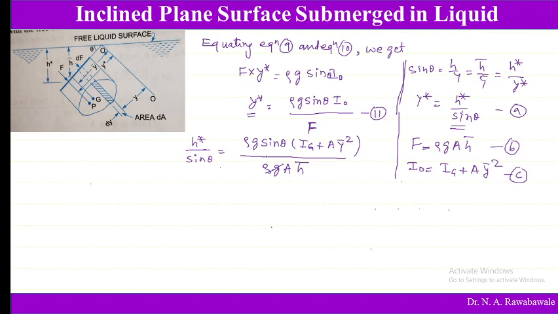So here rho G gets cancelled. So H star is equal to, this sin theta is transferred on right hand side, so sin square theta, Ig plus A Y bar square divided by A H bar.